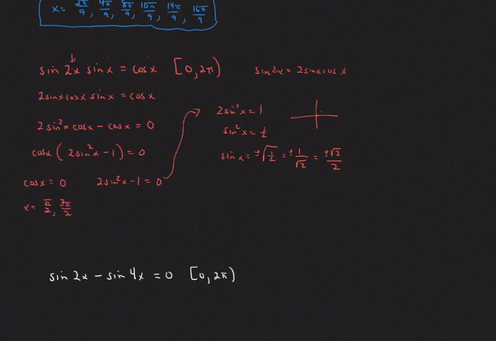So sine is going to be a positive or a negative square root of 2 over 2 in each of the 4 quadrants. So we're going to add to our list a positive pi over 4 from quadrant 1, 3 pi over 4 from quadrant 2, 5 pi over 4 from quadrant 3, and 7 pi over 4 from quadrant 4. All of those are solutions between 0 and 2 pi.